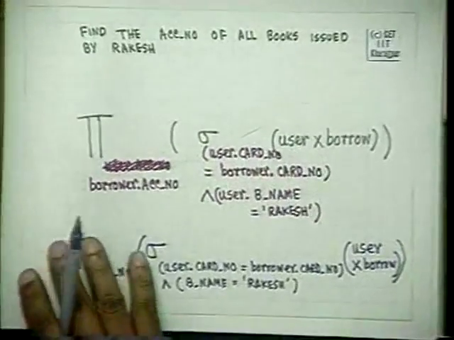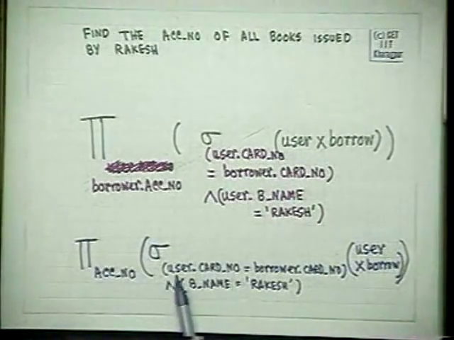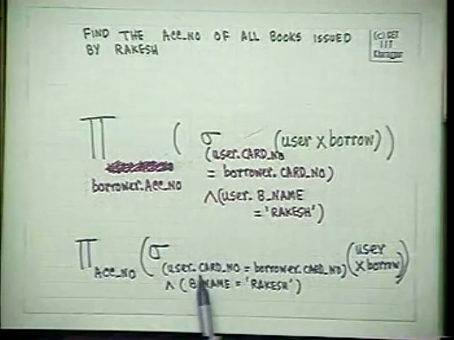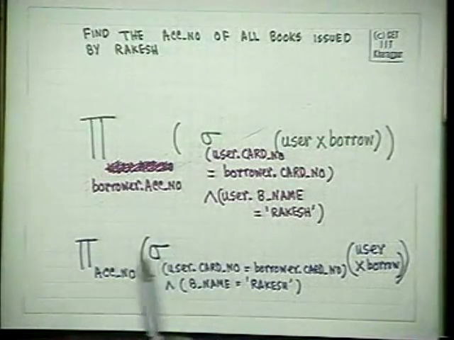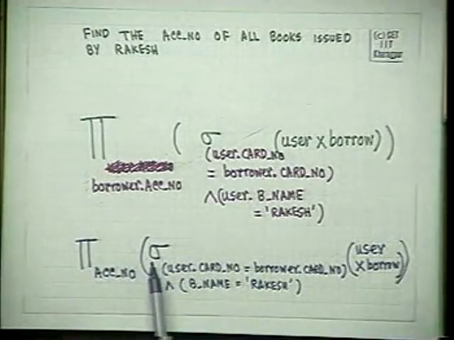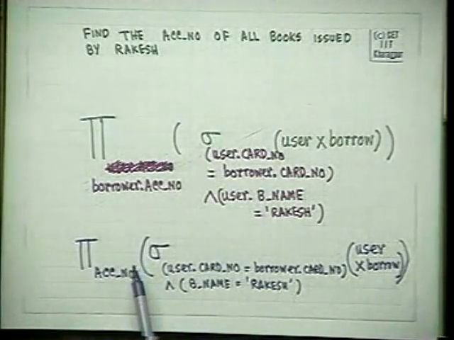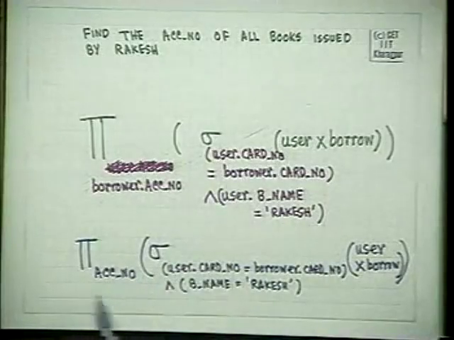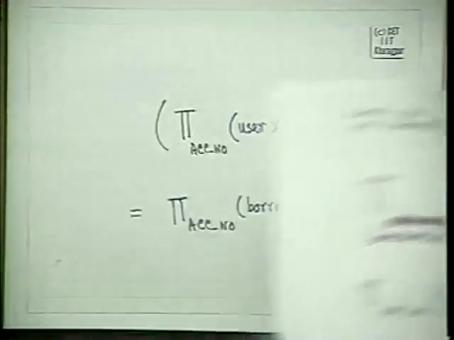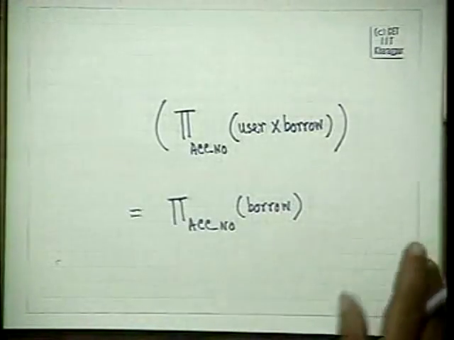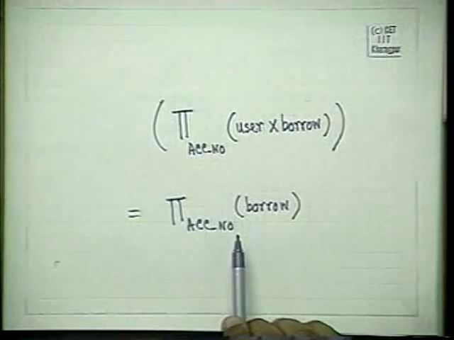So please be careful, it does not matter whether you interchange the ordering of this AND, because AND is a commutative operation. But select and project, you just cannot interchange them, it may just change the meaning. Not that it will always change the meaning, but it may change the meaning. So this is a very fundamental operation.